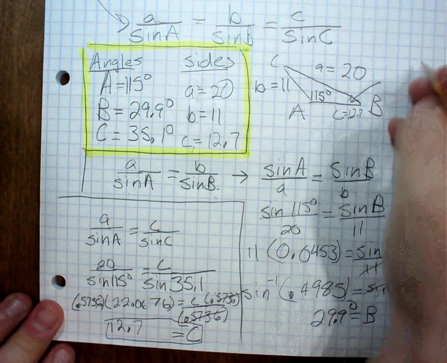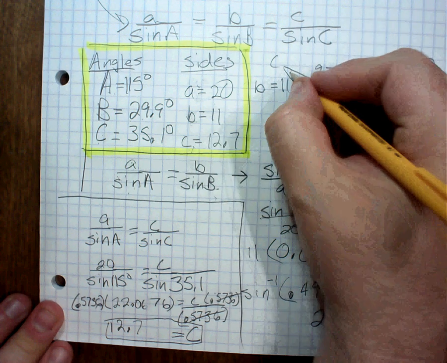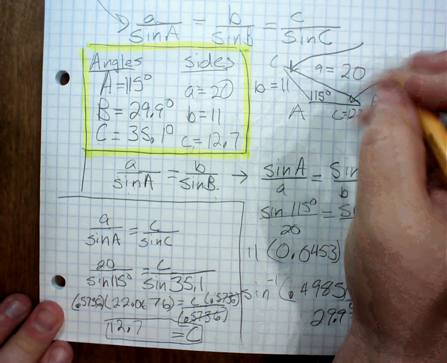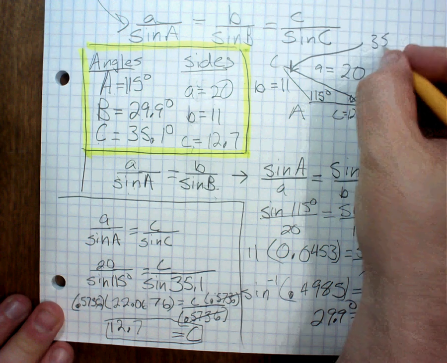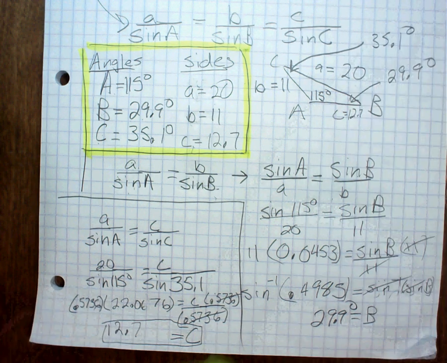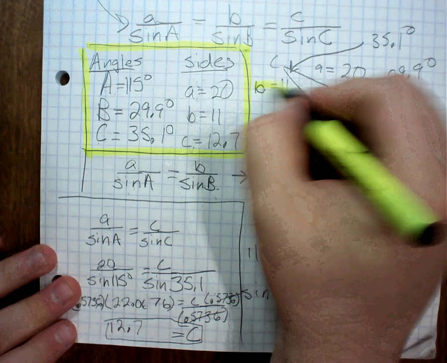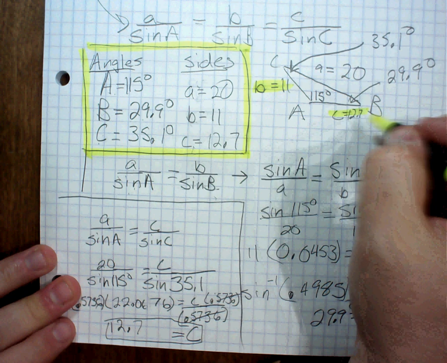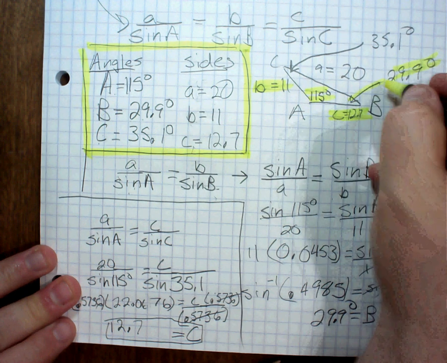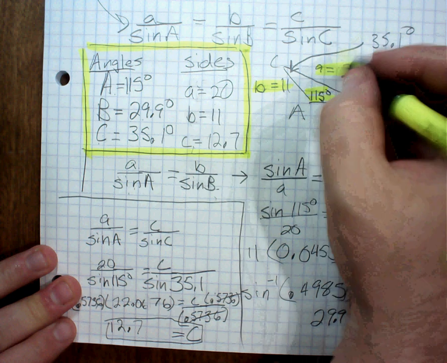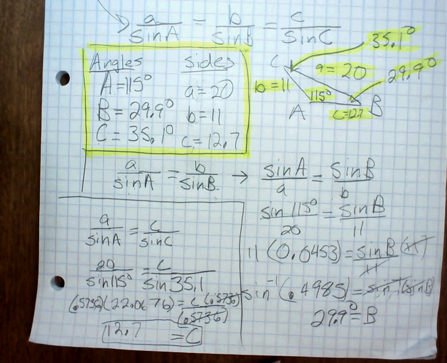Angle B was equal to 29.9 degrees. And angle C was 35.1 degrees. So we were given this, solve for that, given this, solve for this, and we did that using the law of sines.